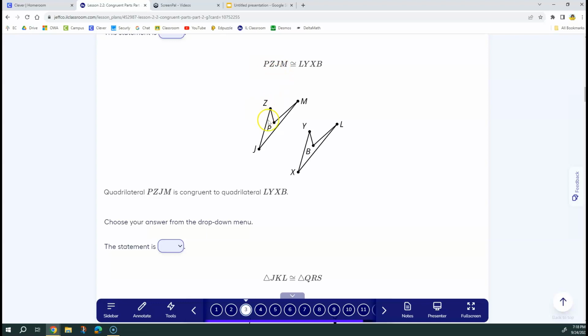So we have, and these are 1, 2, 3, 4-sided, so they are quadrilaterals. Any 4-sided figure is a quadrilateral. It doesn't matter how weird it looks. So PZJM is congruent to LYXB. From P to Z, so up here, to J down here, to M up here, and then we connect again back at P, is congruent to LYXB.